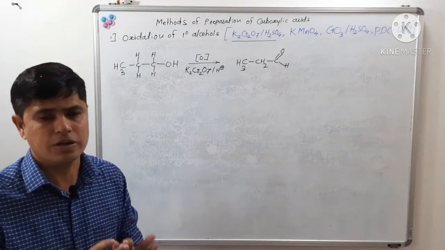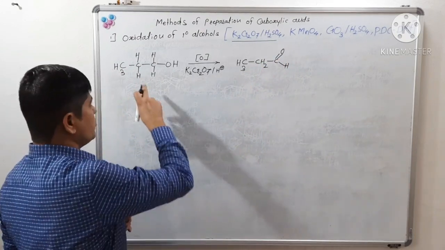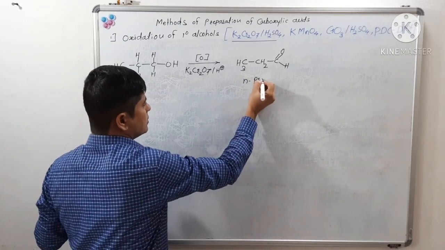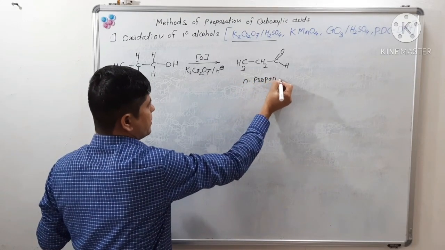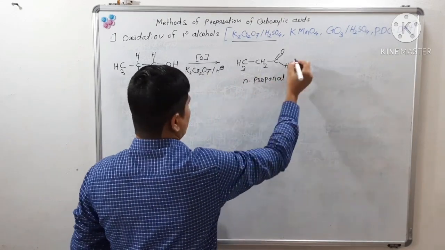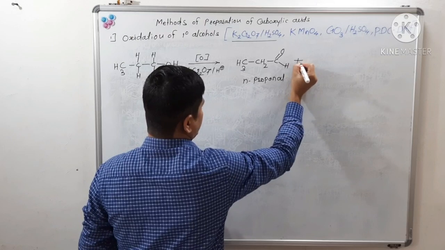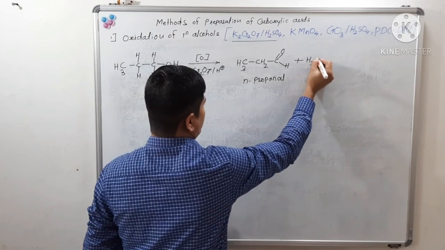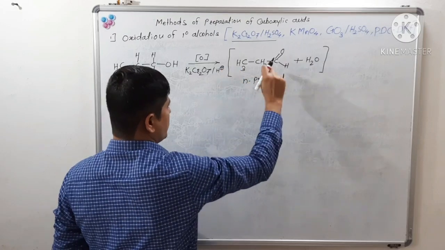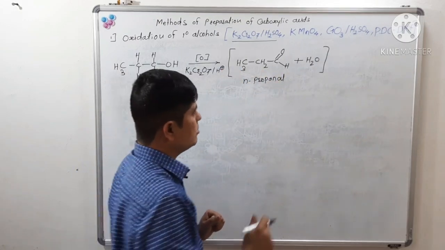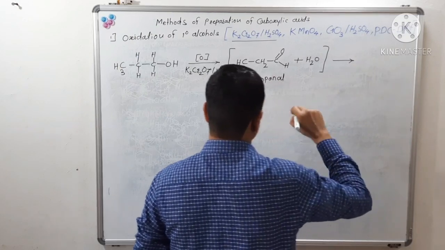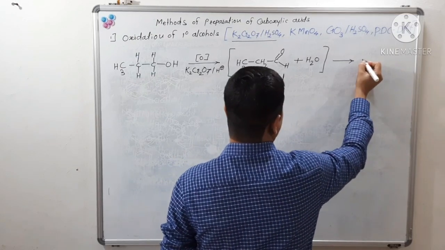So N-propanol will get converted into the aldehyde, propanal, with loss of a water molecule. This water molecule will react with the aldehyde again, and there will be formation of a hydrate of this aldehyde.